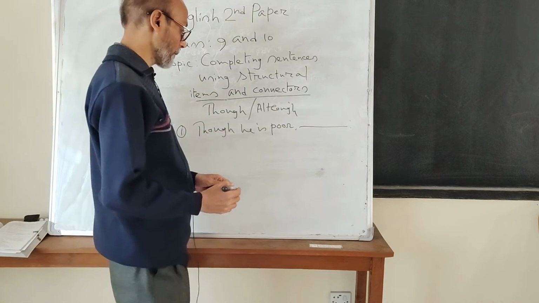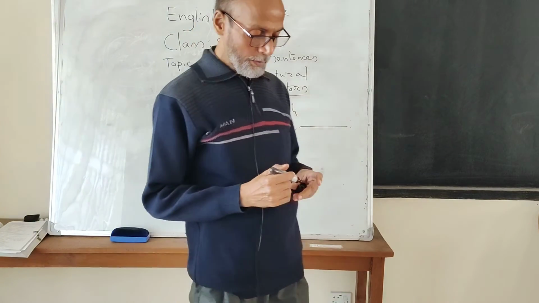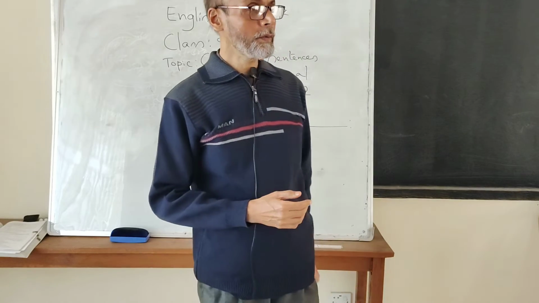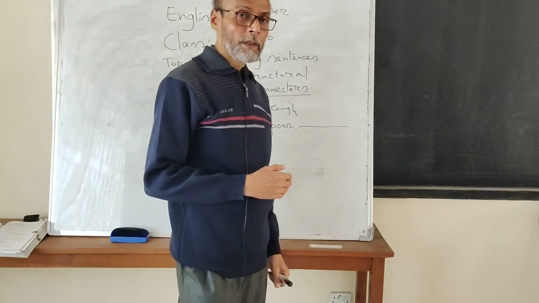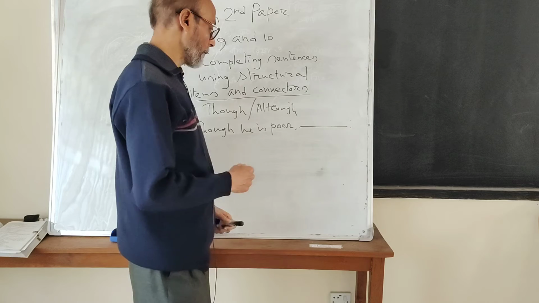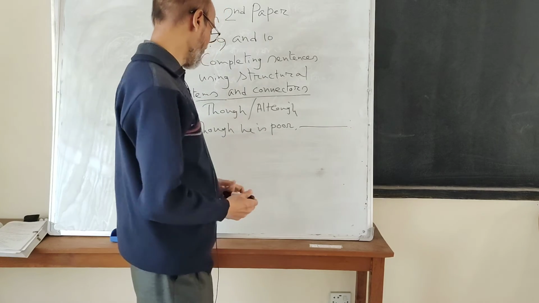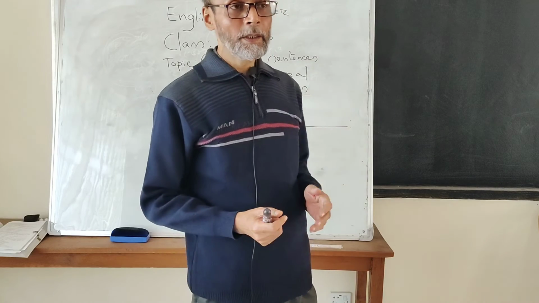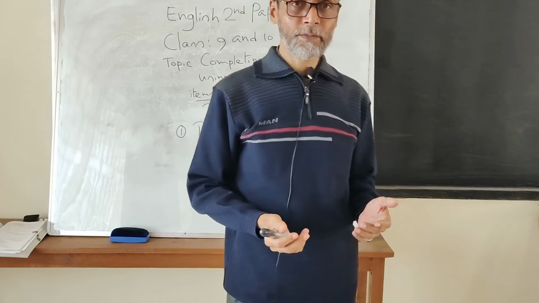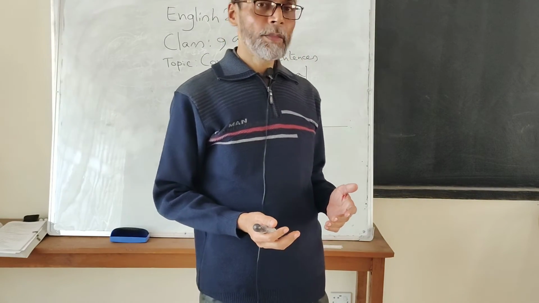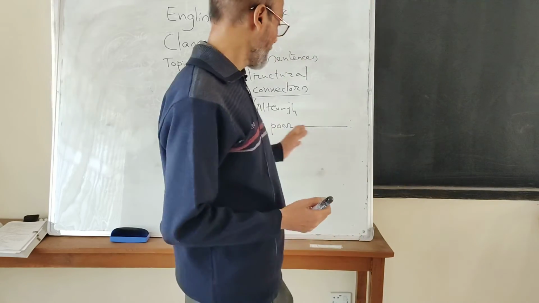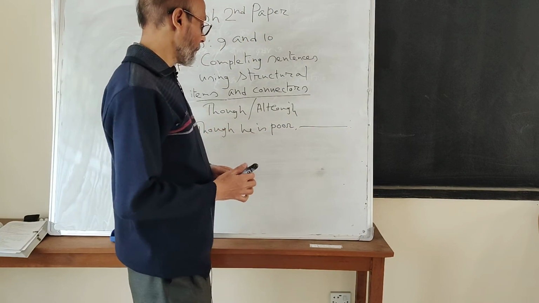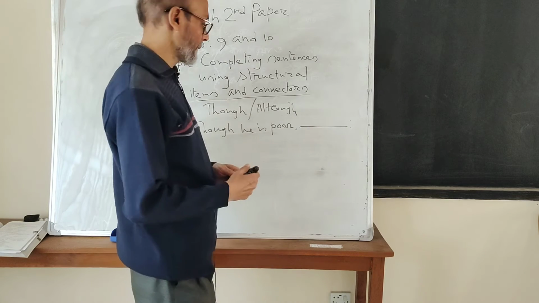Though he is poor, you have to remember that it will give you not the positive sense, it will give you the negative sense. Though he is poor, we know that a poor man can steal, cannot be a good one. But when you have used though, that time you have to use reverse meaning.